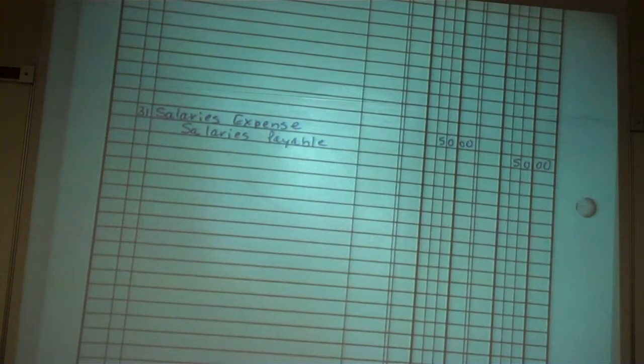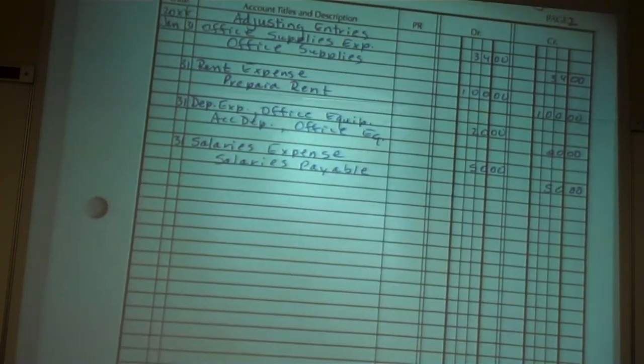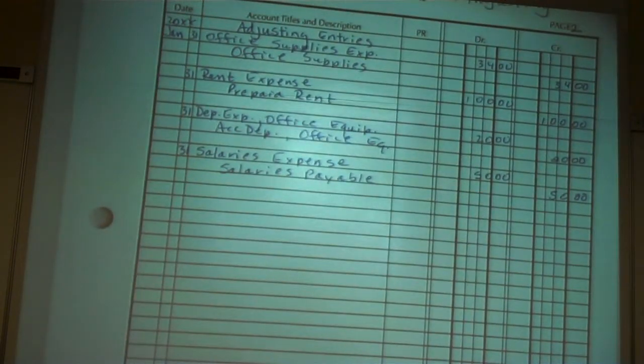And there's our D. Yours should look like this, with all of them written in alphabetic order, A, B, C, D, and we haven't posted yet.